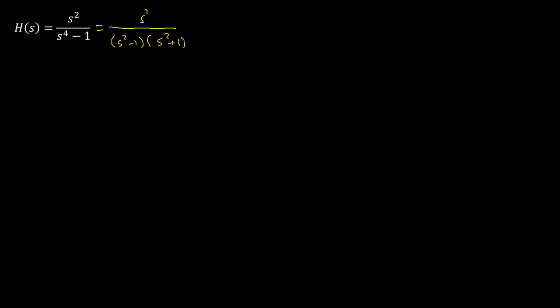Now, Omar suggests to factorize the denominator by writing the identity. It is S squared minus 1 and S squared plus 1. Am I right, Omar? Yes. So let me write here the rule for the students, for those who forget: A squared minus B squared is A minus B times A plus B. Now, by the way, can I factorize the denominator more?